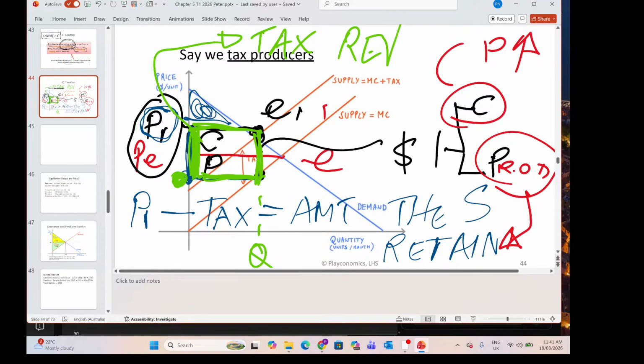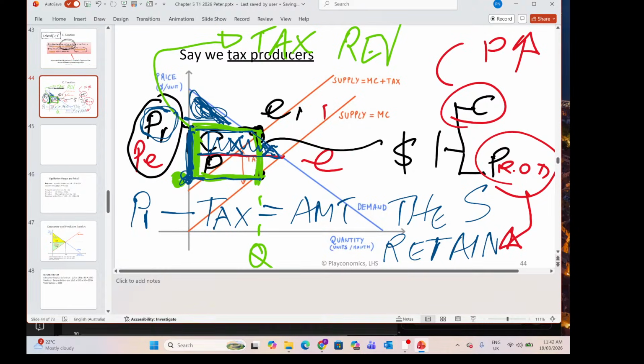Here is now our new consumer surplus. How much have the consumers lost from their previous surplus? They've lost the little rectangle that I'm marking with an X and a little triangle that I'm also marking with an X. So the consumers have lost all this part of their surplus.